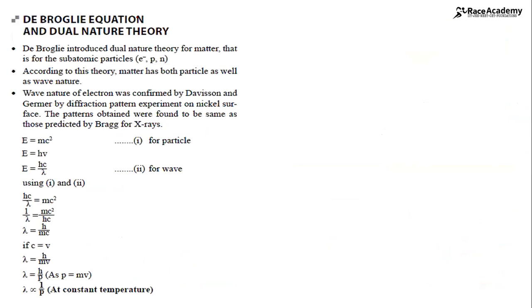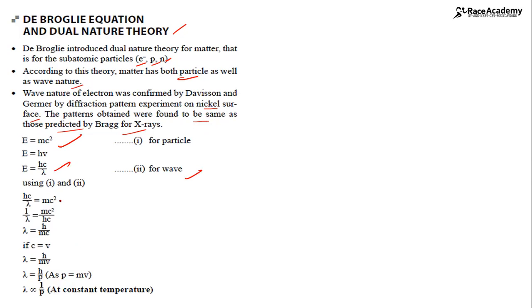Now let us see de Broglie's equation and the dual nature theory, the dual behavior of matter. Subatomic particles like electron, proton and neutron are there. According to this, matter has both particle as well as wave nature. The wave nature was shown by the Davisson and Germer experiment, a diffraction pattern experiment on a nickel surface, and the patterns observed were the same as those predicted by Bragg's X-ray experiment. The particle nature formula is E equal to mc square, the wave nature is E equal to hc by lambda.